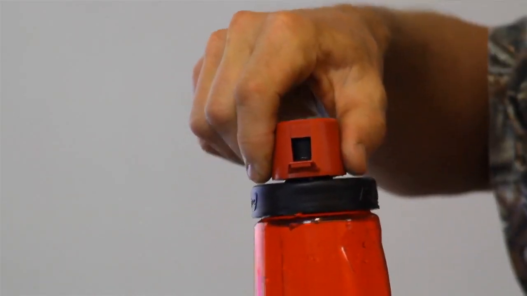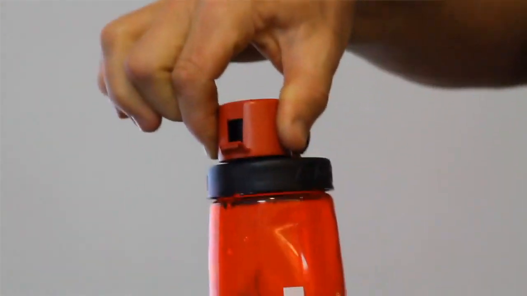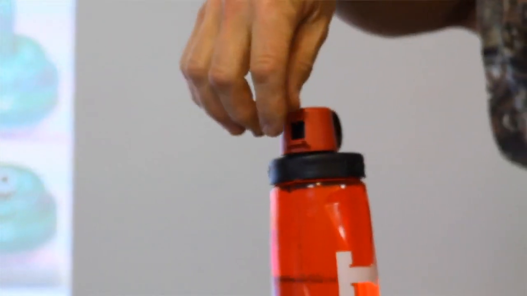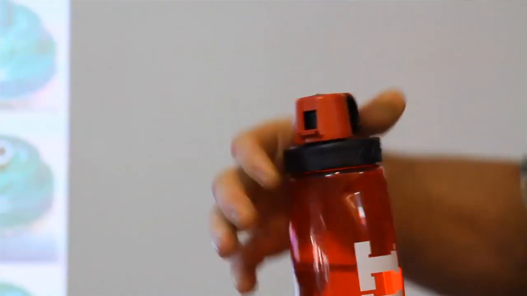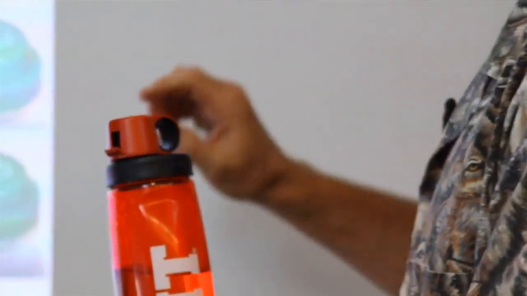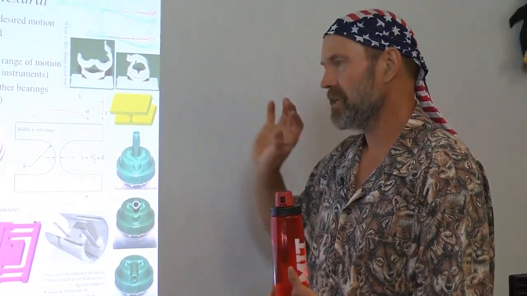So it snaps shut. It'll hold its own weight sometimes. See, when I'm holding its weight, I'm squeezing in, which is making it release. If I squeeze, it opens right up, and here it's not.